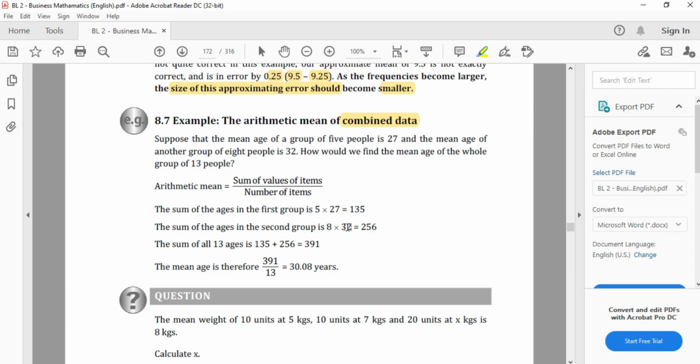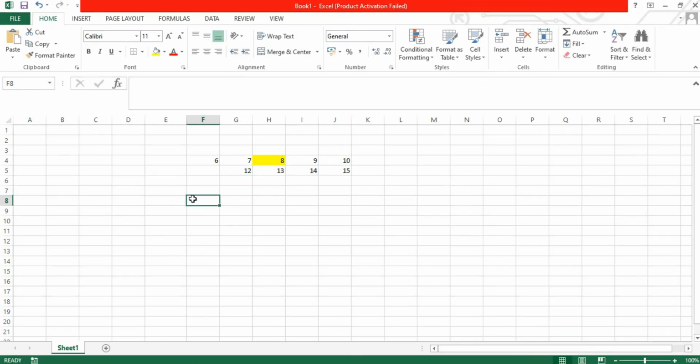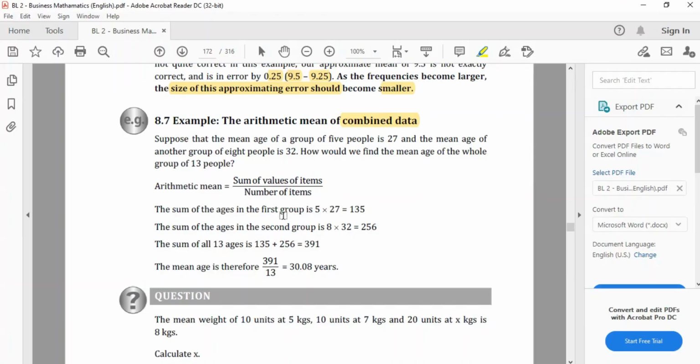Okay. So first of all we write the formula for mean. Mean equals, since the sign is not available, I'm going to write the word sigma fx divided by sigma f. Now we need to know how to calculate the sigma fx. So they just gave the mean of 5 people is 27.